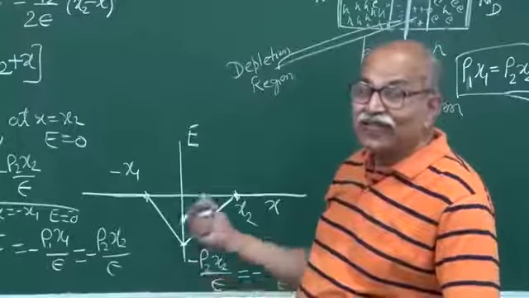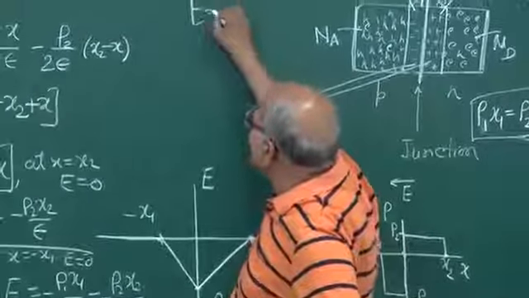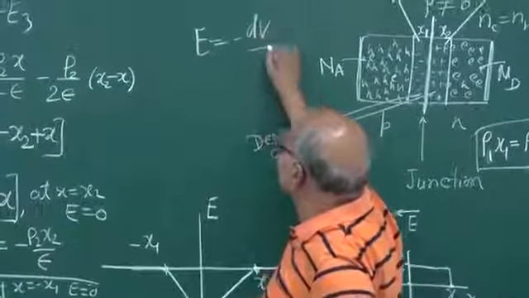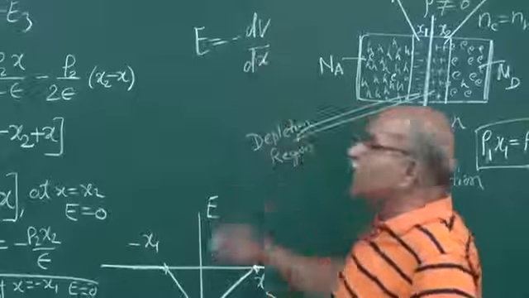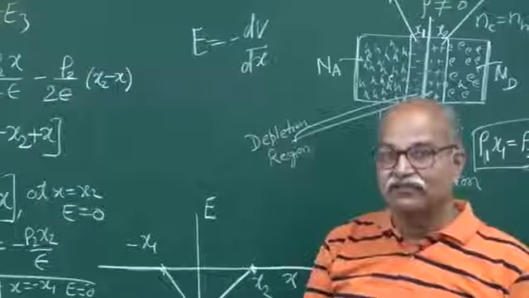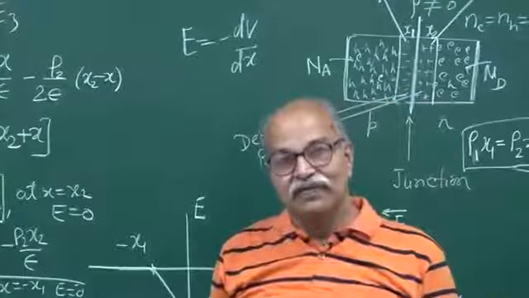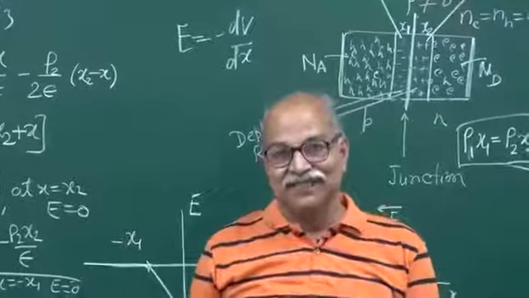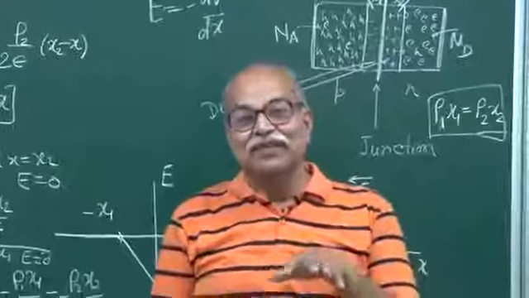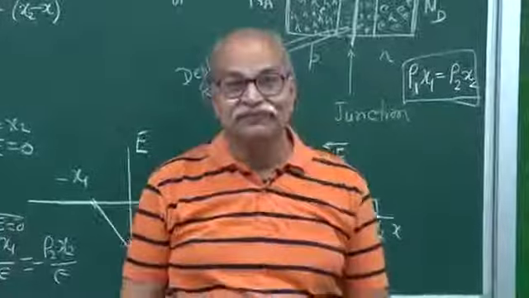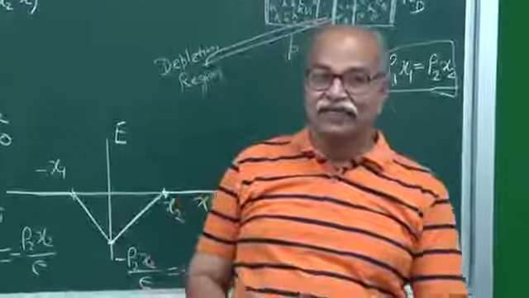Once I have the electric field, I can calculate the potential using our equation E is equal to minus dV/dx. So we can calculate this potential as a function of x, and from there energy as a function of x, and from there the potential barrier. So that will be our next task.